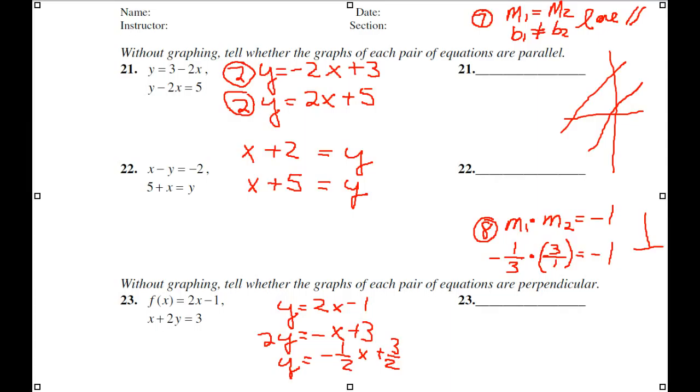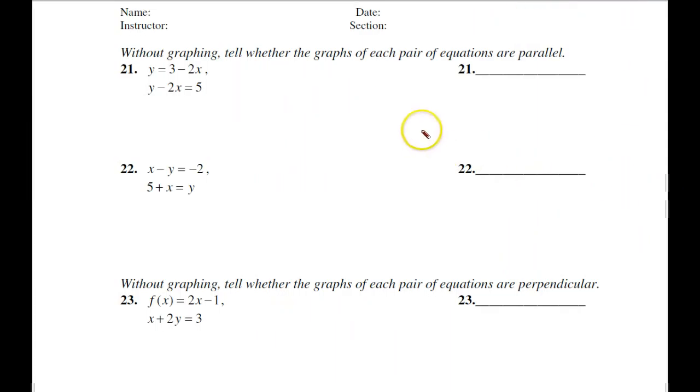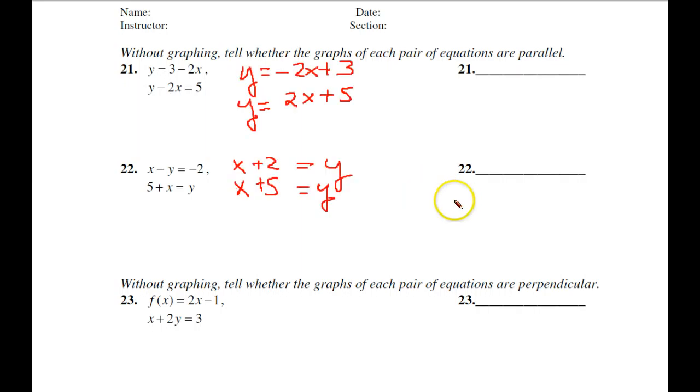Now, what do you do? Well, on that last one, I hit the wrong button. But again, you solve for the letter y. Put it in form 2.